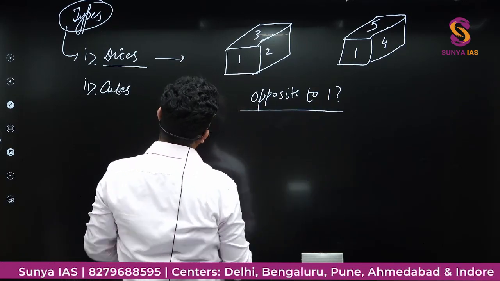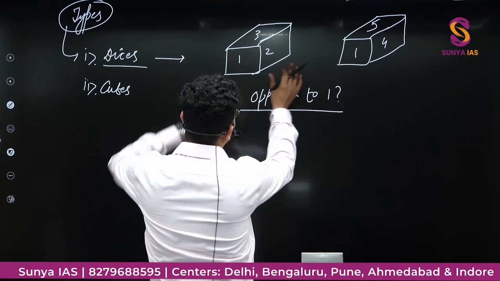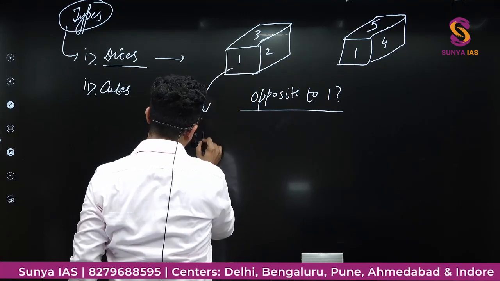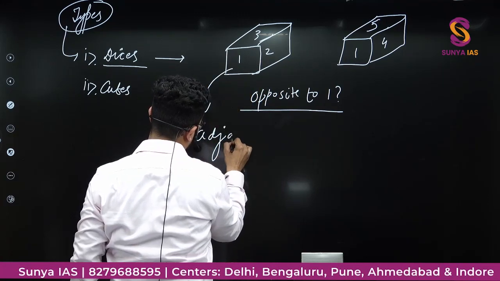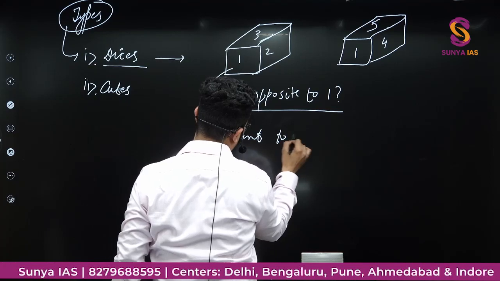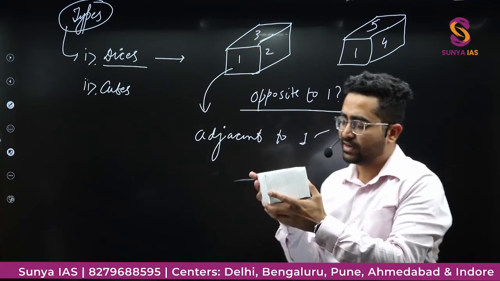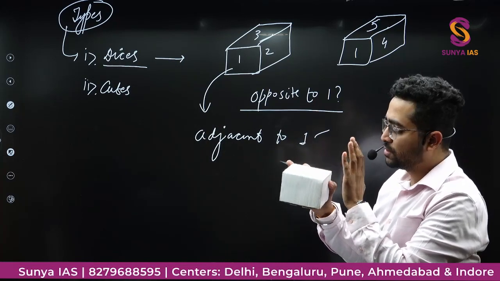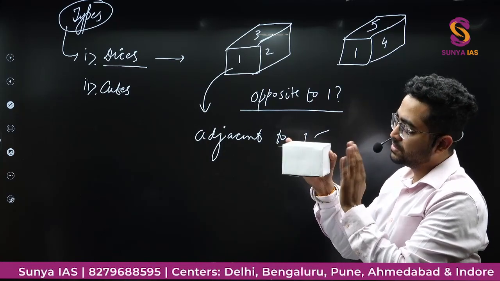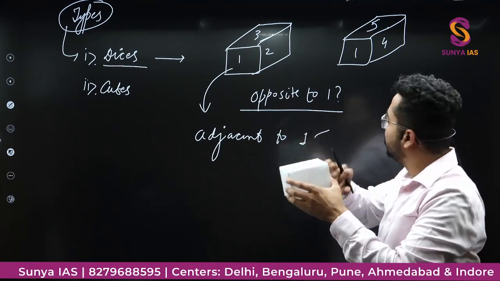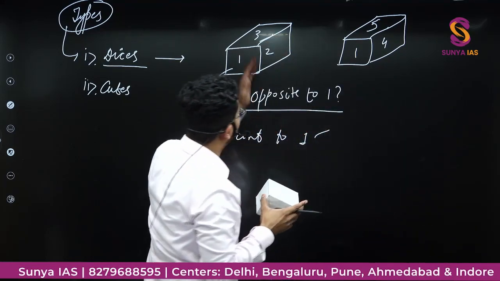So how will you see? You can see achha 1 here hai, 1 idhar, then here adjacent to 1, these faces are adjacent to 1. Let's say ये 1 है, ये साइड 3 दी है, ये 2 दी है. This is 2, this is 3, right? So these two will be adjacent faces. These are definitely not opposite to 1.